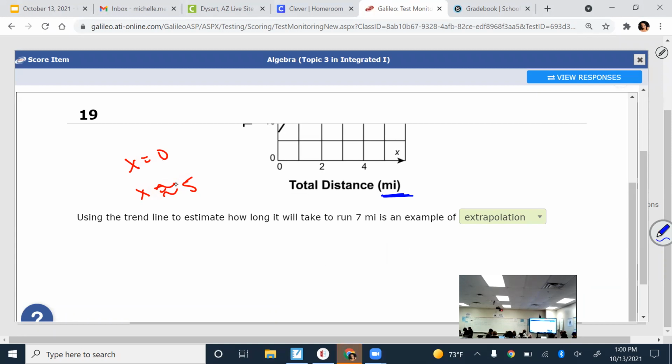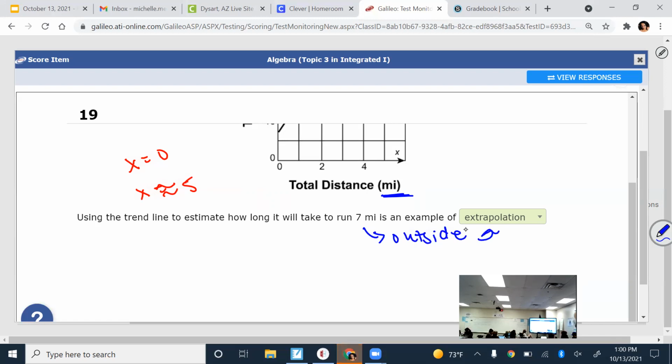That's why I was looking at the X values for our data. Would you say that 7 is between 0 and 5 or outside 0 and 5? So it's outside the range of data, which goes with the extrapolation definition.